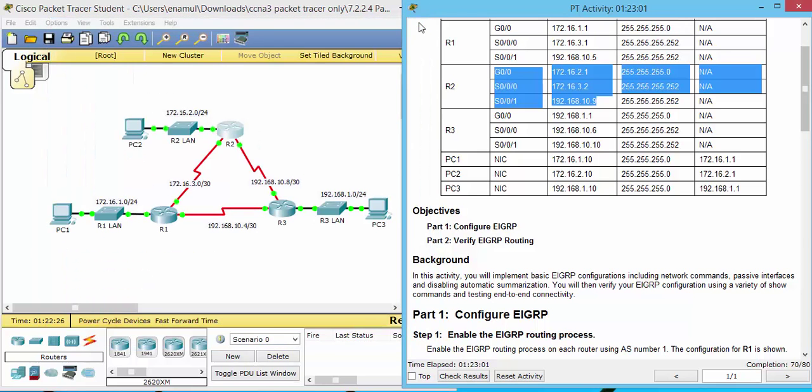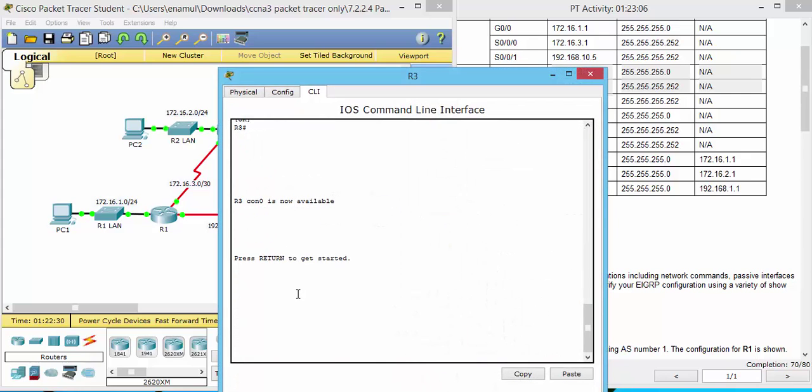And now let's go to R3, enable, show run.